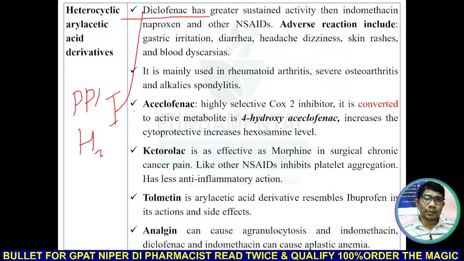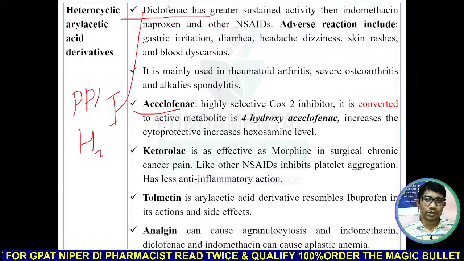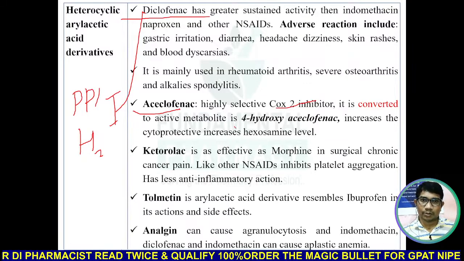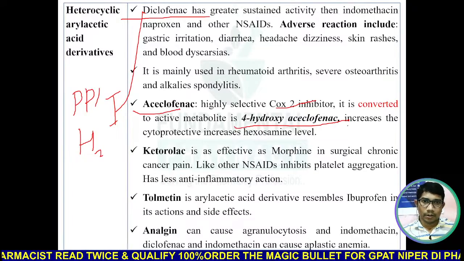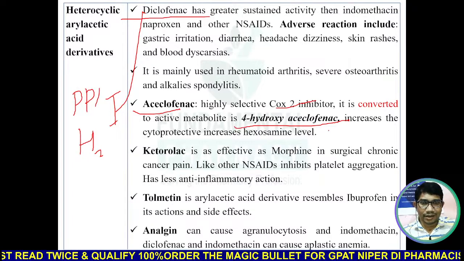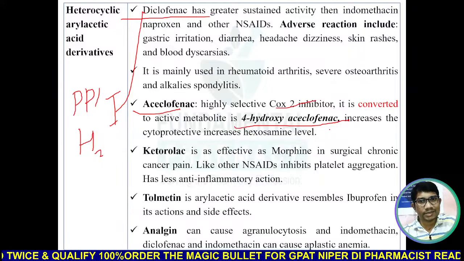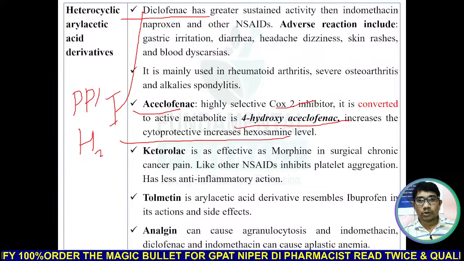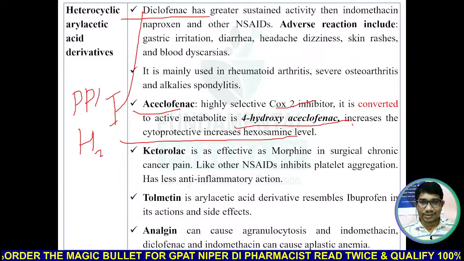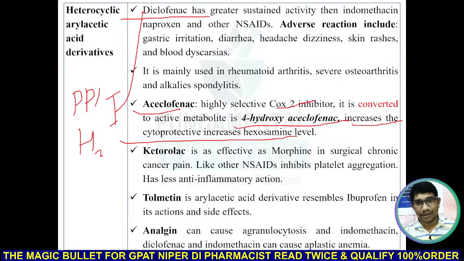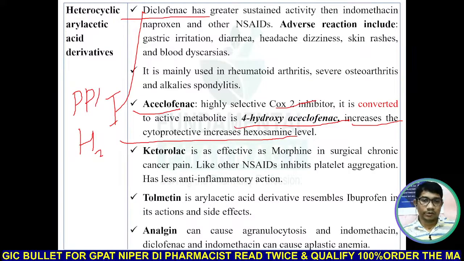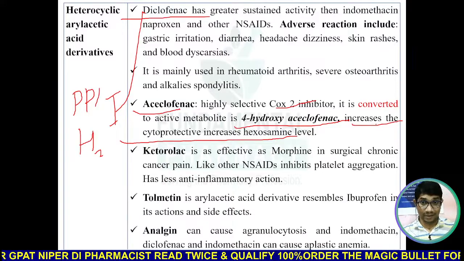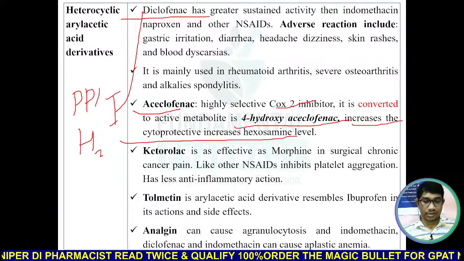Now aceclofenac is a congener of diclofenac. Aceclofenac उसका एक छोटा भाई है, highly selective COX-2 inhibitor. It is converted into active metabolite 4-hydroxy aceclofenac. Now this aceclofenac, rather than irritation, increases the cytoprotective prostaglandin level. aceclofenac इरिटेशन तो नहीं करता, लेकिन उसके बजाय so it will not irritate your GIT, it will increase the cytoprotective prostaglandin level in the stomach or GIT.